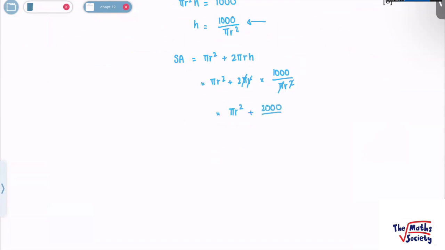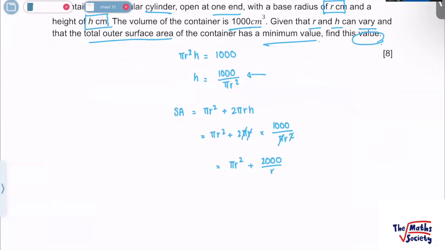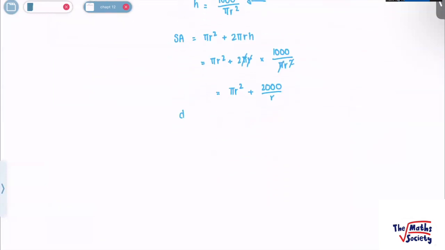Then pi and pi cancel out, and r squared with r, so you'll have pi r squared plus 2000 by r. It says to find the minimum value, so we have to do dA by dr, differentiate it. That's going to be 2 pi r minus 2000 by r squared.